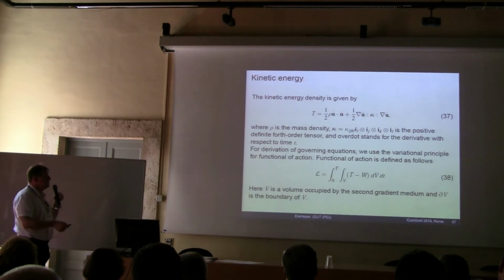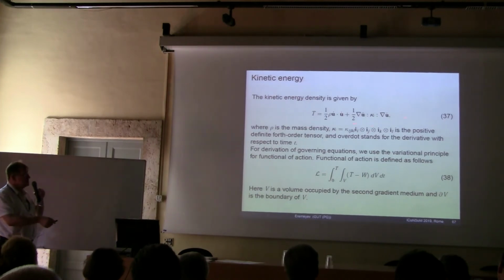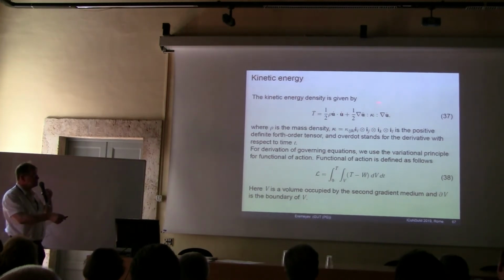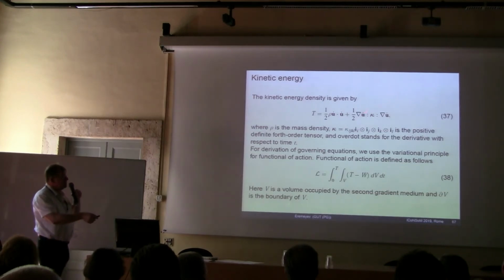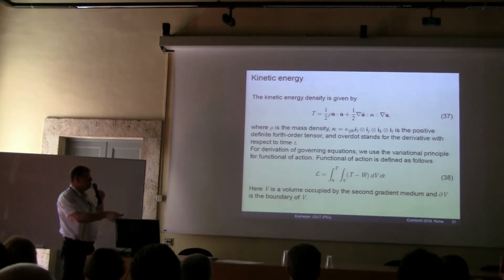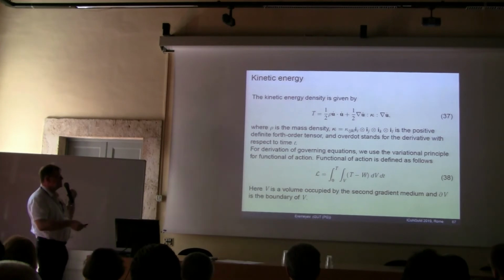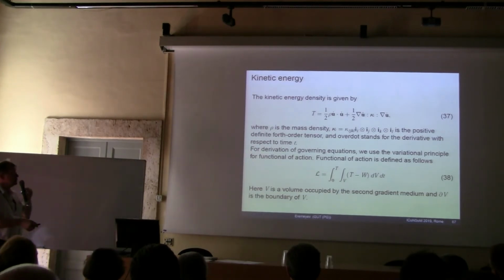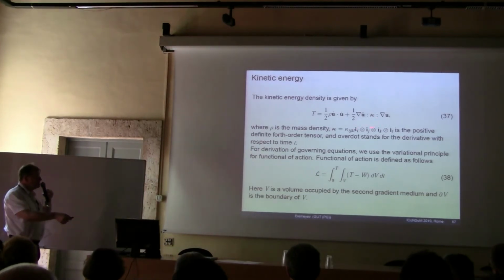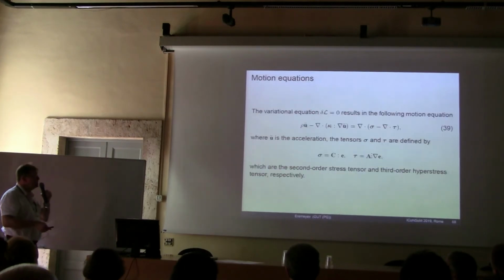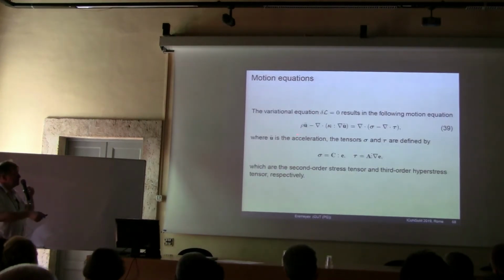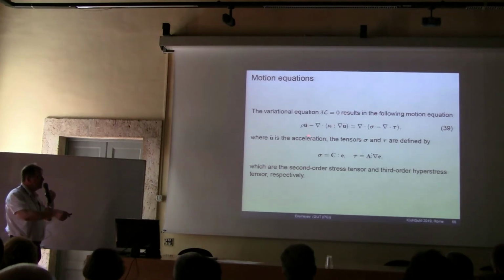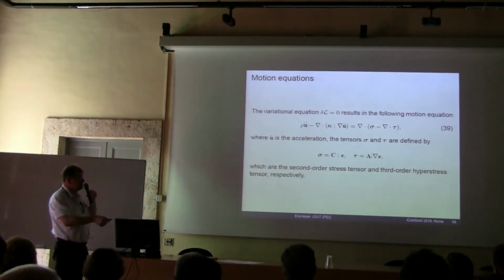Even the kinetic energy must be extended to the case of higher order terms with respect to velocity. And kappa is also a fourth order tensor, which is given. And there is the classical equilibrium motion equation for our strain gradient elasticity.